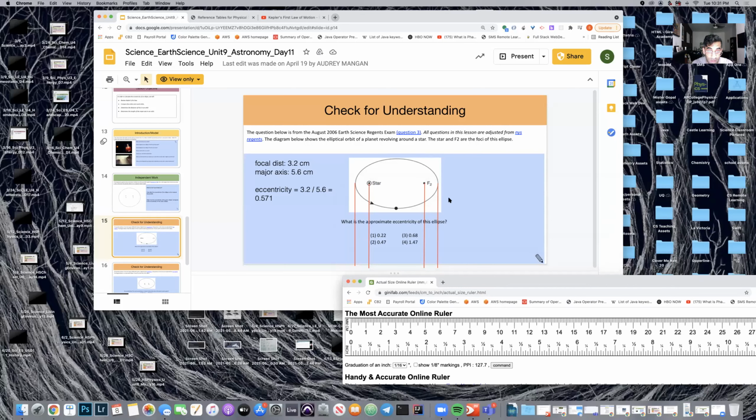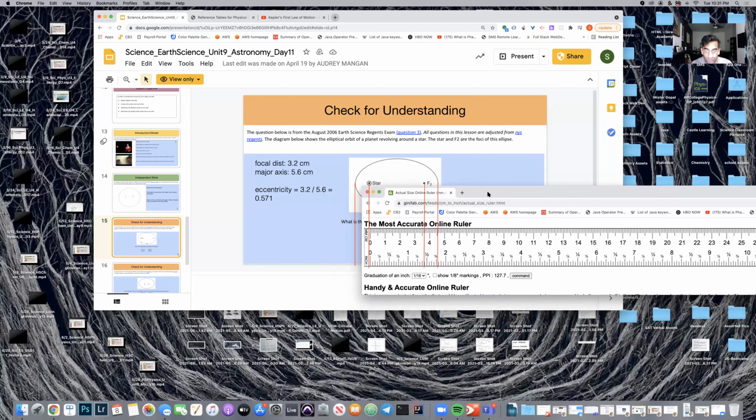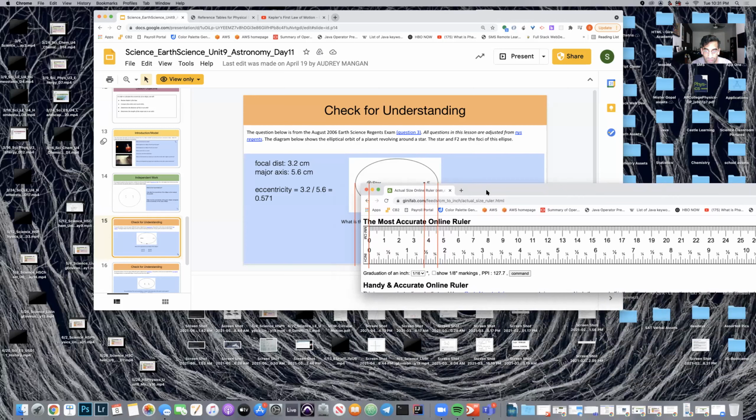Ooh, it seems to be right in between. Let me double check these measurements one more time. Ah, I see the problem. Actually, the focal distance between the star and F2 is 3.7. And I think I mistook it for 3.2 because I wasn't looking at my ruler very accurately. So you have to be very careful about these things.